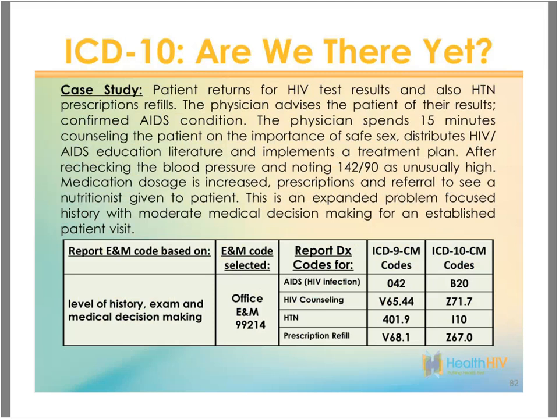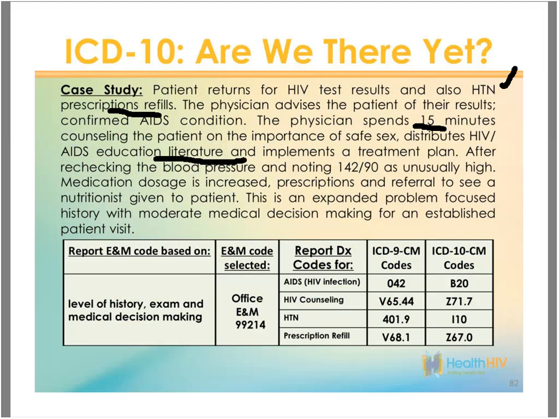I threw together this scenario for you. Patient returns for their test results. They also request prescription refills for hypertension. The physician spends 15 minutes counseling the patient. The education literature was distributed.